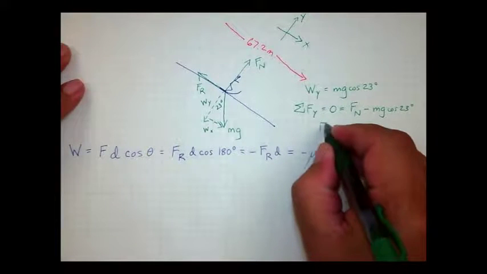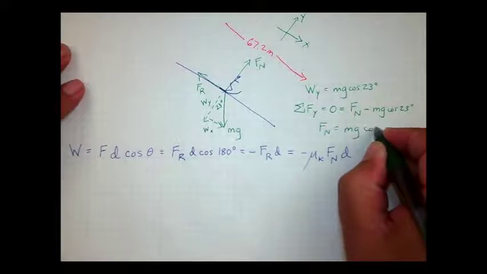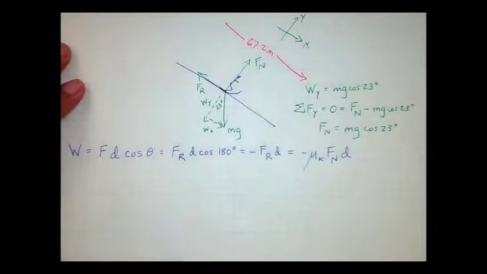The only way this can be true is if the normal force is equal to mg cosine 23. So just like we did when we were doing Newton's second law, we can come up with a formula for the normal force exerted by the slope on the snowboarder.